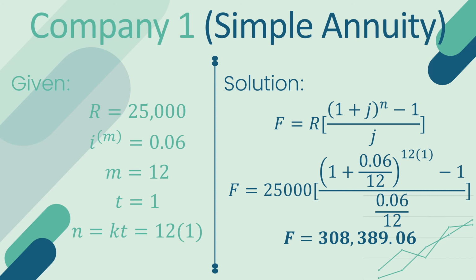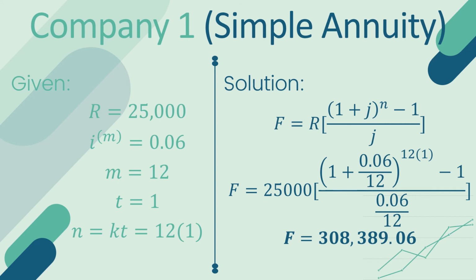Company 1 is an example of simple annuity, and based on the problem, the regular payment or R is 25,000 pesos, and the rate is 0.06, and the compounding period or M is 12 since it is compounded monthly.